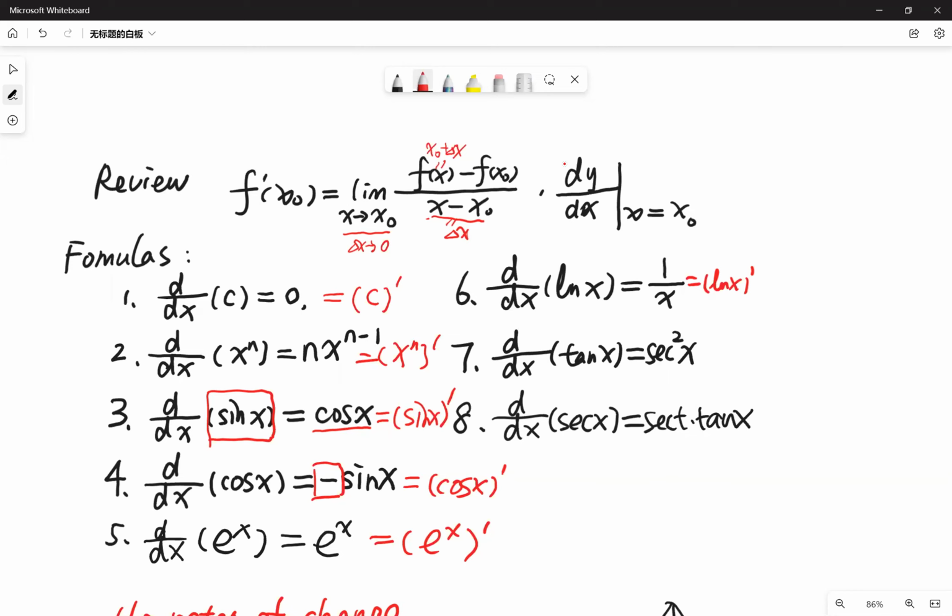Then they are the same representation. Okay?